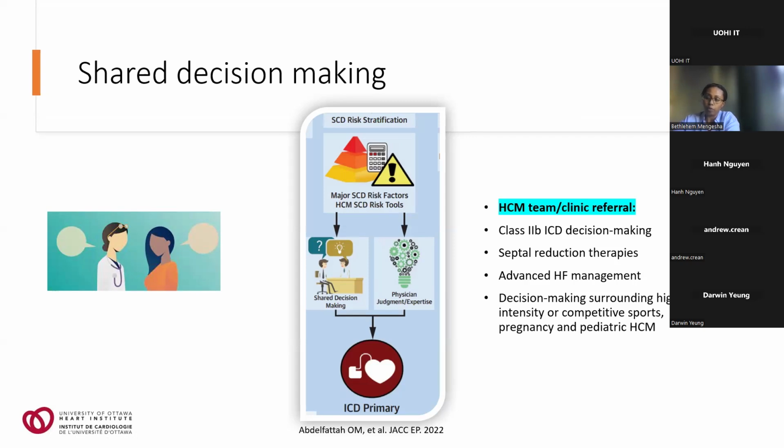But this is not to absolve the physician from decision-making. We should still give our recommendation based on our clinical judgment and knowledge, but also we need to take into account patients' needs and preferences. So we also need to know when to refer patients to an HCM expert clinic, which is listed here.